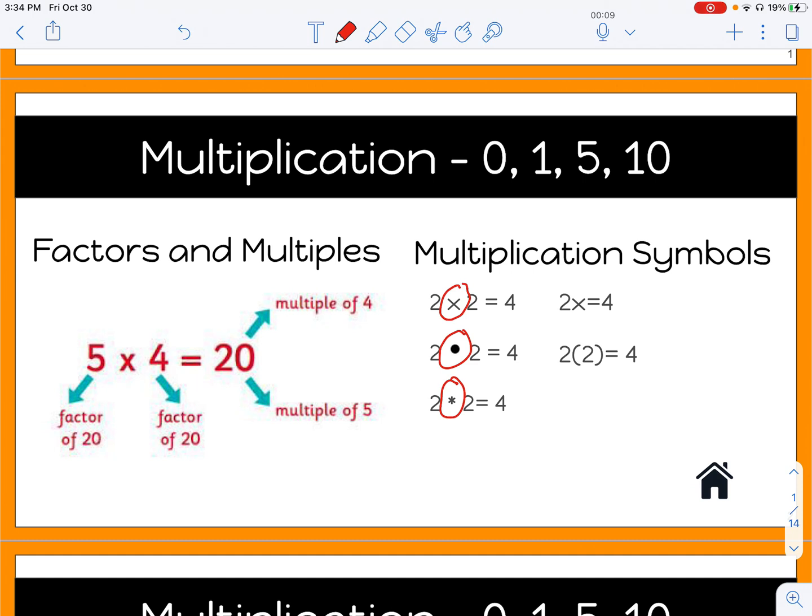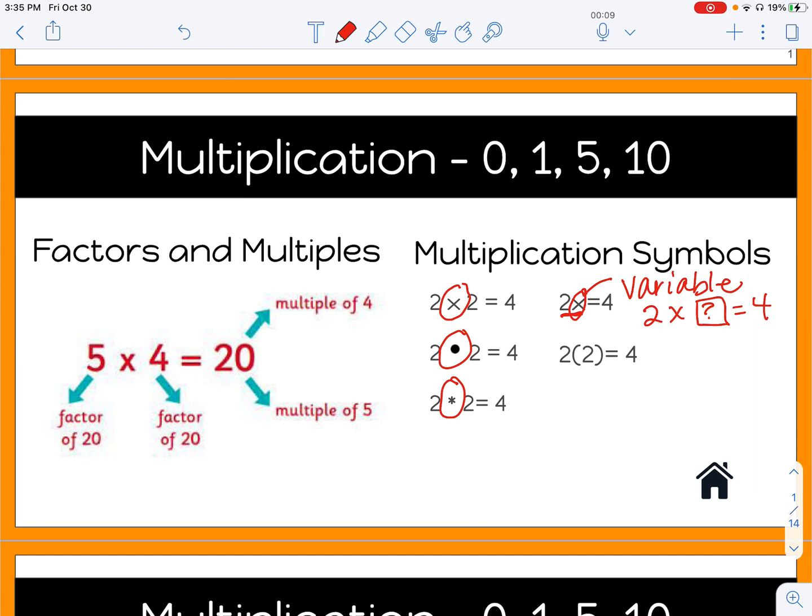Sometimes the X is going to be right next to the 2. And so this would be 2 times something equals 4. And that X here would be something that we call a variable because we're trying to figure out 2 times something equals 4.